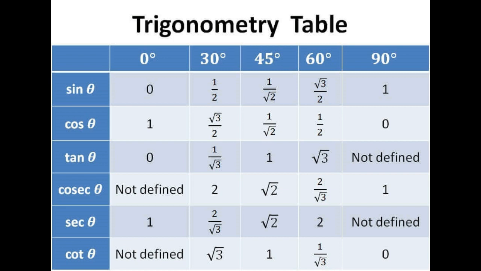As you can see, in sine and cos we don't have any not defined value, but in all the other trigonometrical functions we have at least one not defined value. So you just need to remember that in sine and cos we don't have any not defined, and in the rest of the trigonometrical functions we have not defined as well.